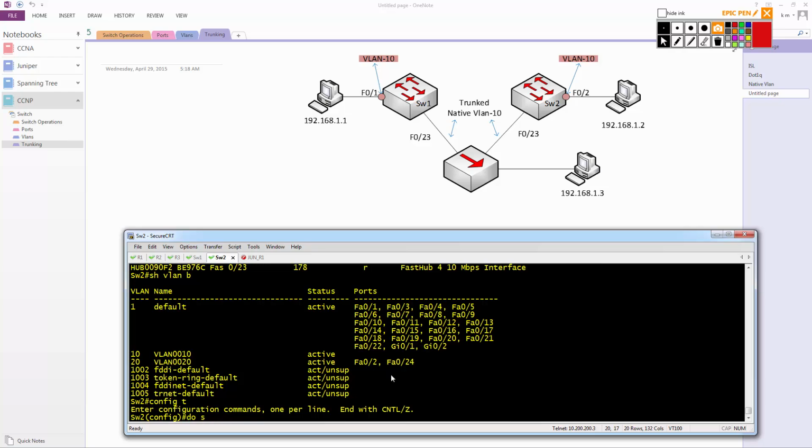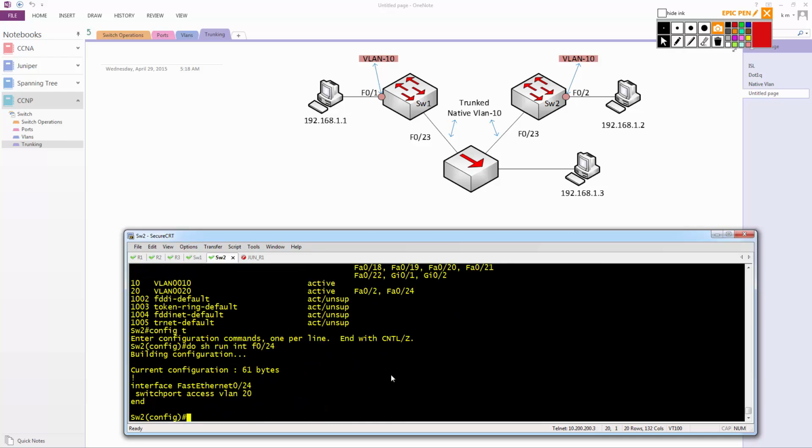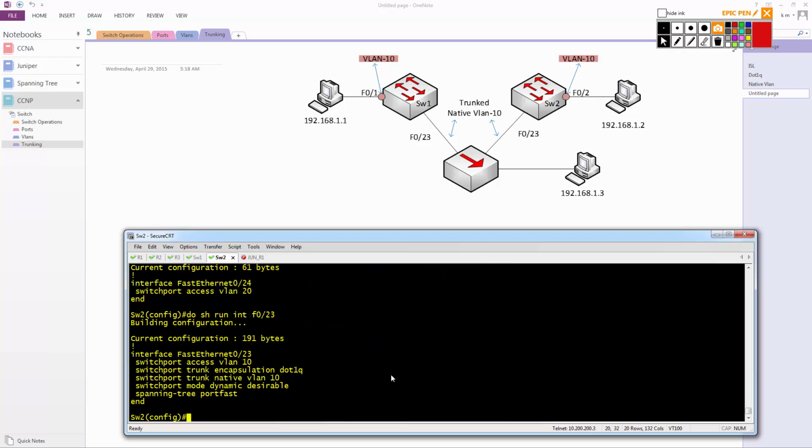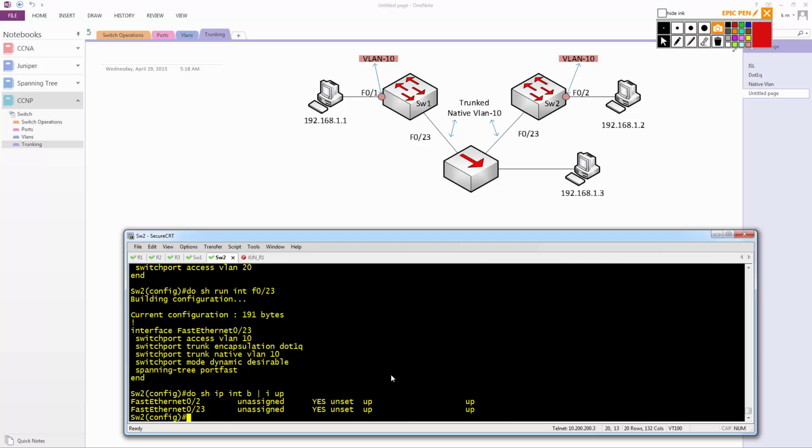Do show run interface FA0/23. There's a trunk. I don't know why FA0/24 is up. I don't even think it is up. Do show IP interface brief, include up. And it is not up, so we're not going to worry about it.